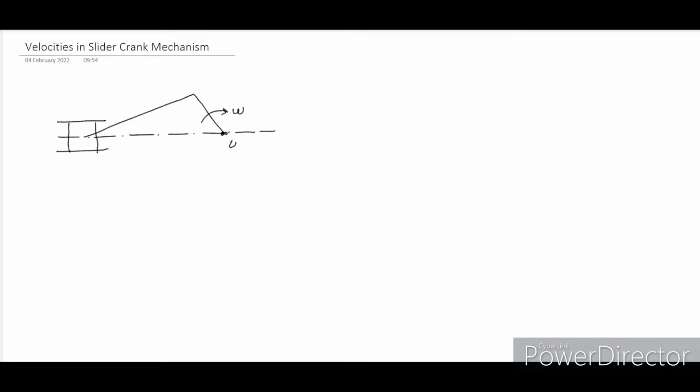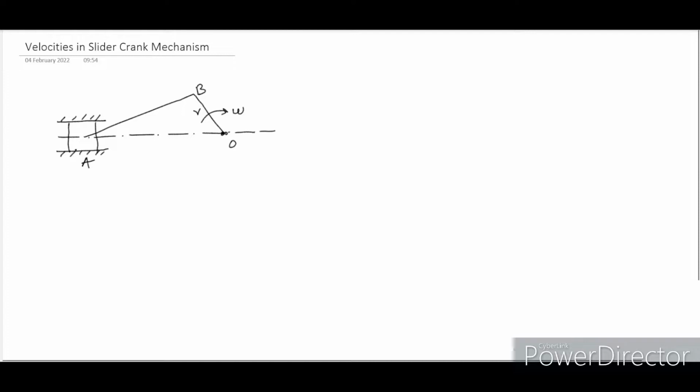This is point O. This is the fixed guide, point A. OB is the crank having radius R.